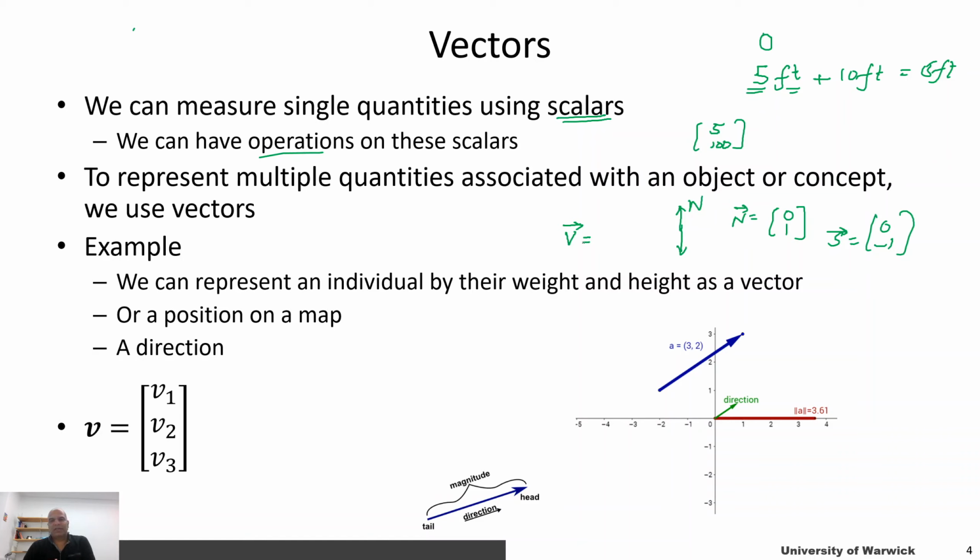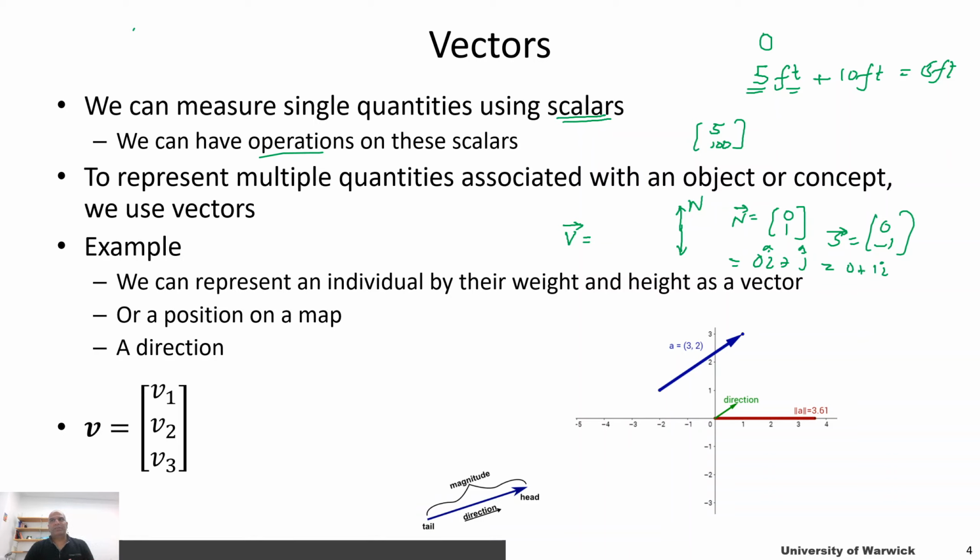But there's a small concept that I would like to emphasize here. It's moving from a single quantity to multiple quantities. That's what we achieve when we move from scalars to vectors. Of course, we can represent multiple quantities using imaginary numbers. Let's say we can represent the north as 0 i unit vector plus 1 j unit vector, or we can represent it like 0 plus 1 iota, for example.